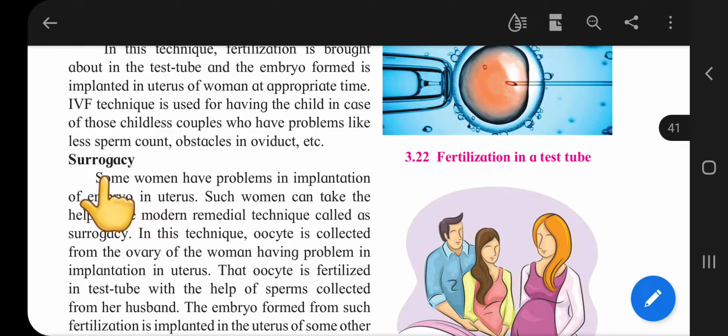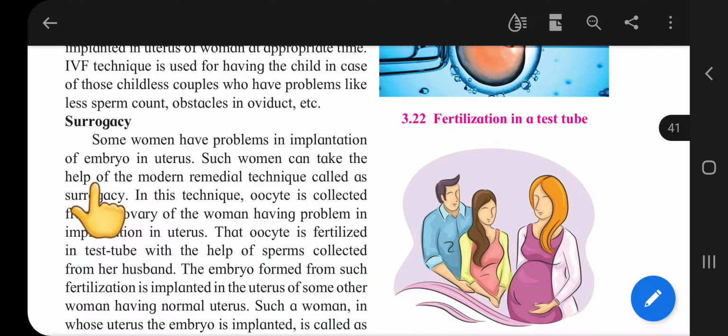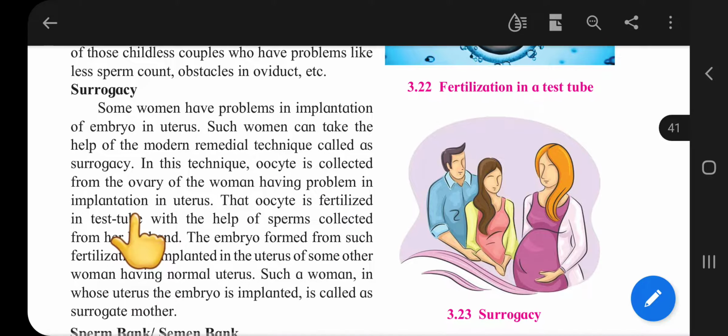What is the next technique? That is surrogacy. Some women have a problem in implantation of the embryo in the uterus. Such women can take the help of a modern remedial technique called surrogacy. In this technique, the oocyte is collected from the ovary of the woman having the problem in implantation.